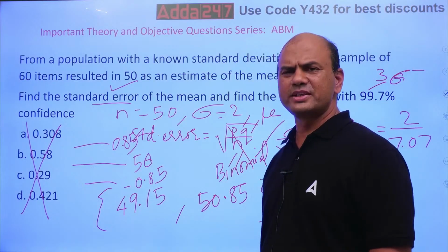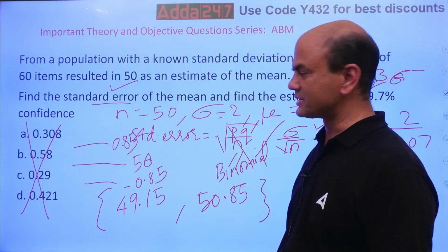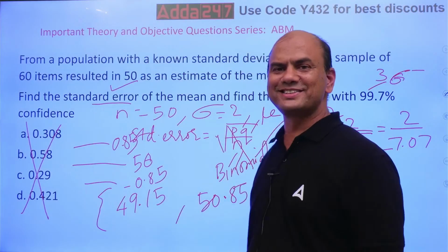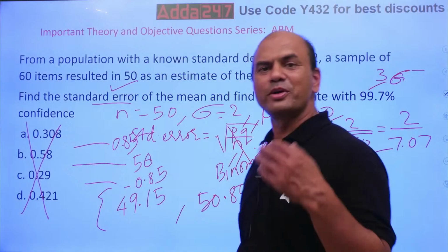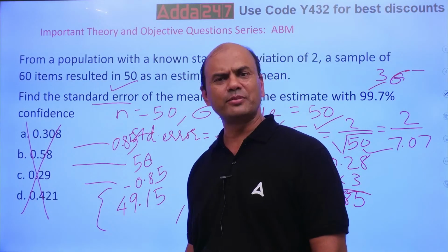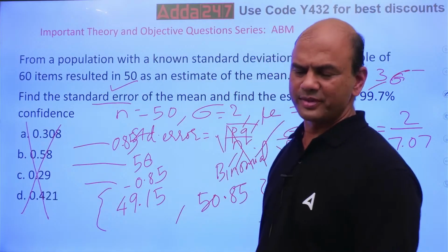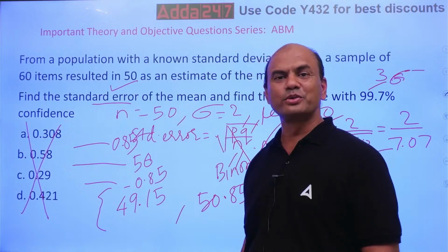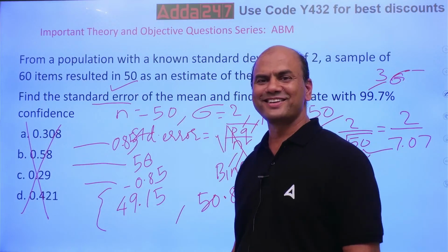So 0.56. So 50 plus 0.56, 50 minus 0.56. So 50.56, and the lower side is 49.44. So this is the answer for one standard error.